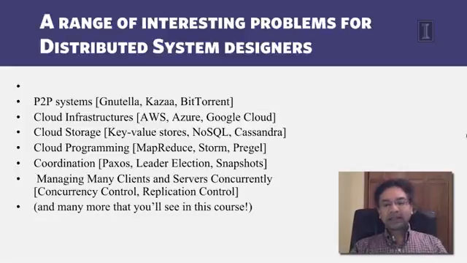Coordination, including consensus protocols like Paxos, leader elections, snapshots, and many others. And of course, managing these many clients and servers that are interacting with each other via concurrency control techniques and replication control techniques. All these topics that I've listed on this slide are relevant to this course, and you'll see them as we move along in this course, both part 1 and part 2 of cloud computing concepts.